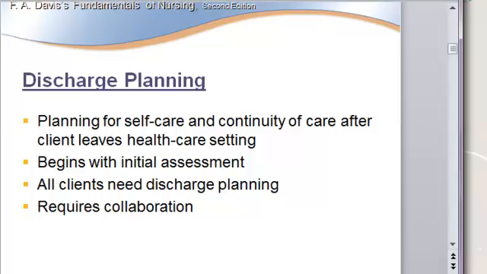All clients need discharge planning, and it requires collaboration because we don't live on an island all by ourselves. So we look at their physical condition, functional and self-care limitations.